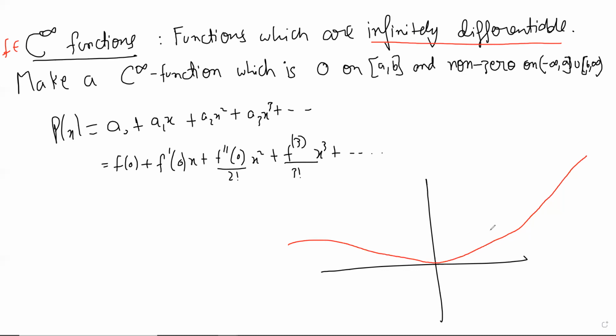So we'll come to that. That is probably the right example. If we try to understand this, it is some sort of an intuition that the values at one point are telling you the values at every point.